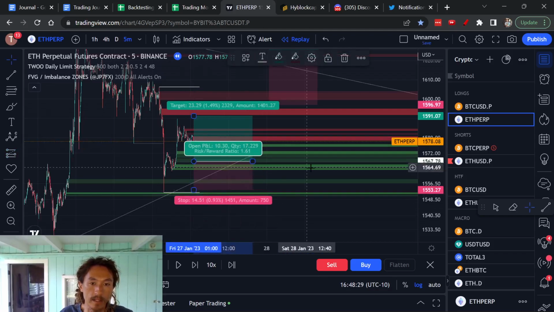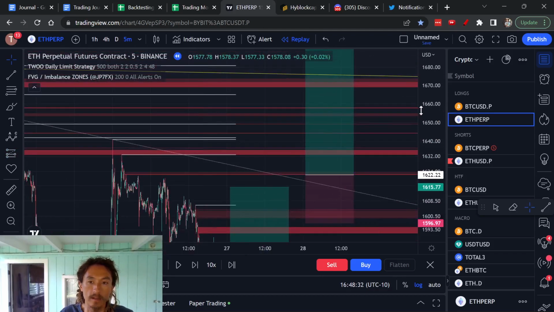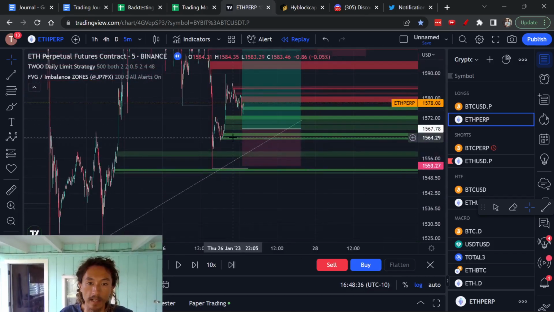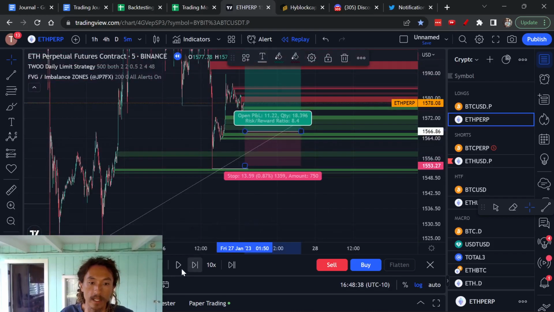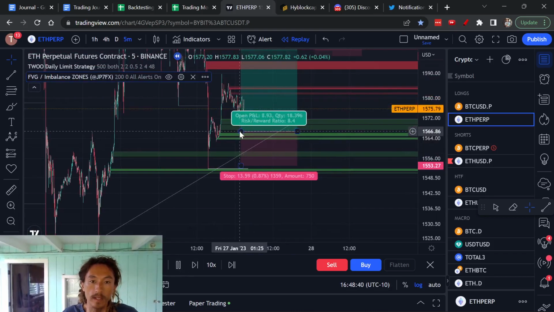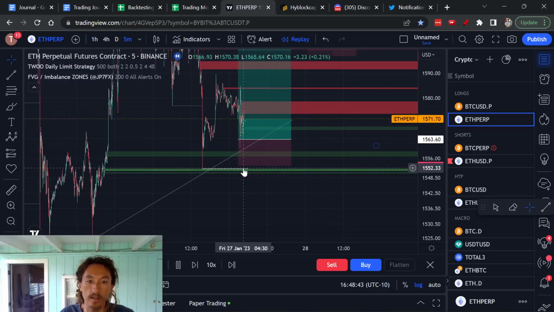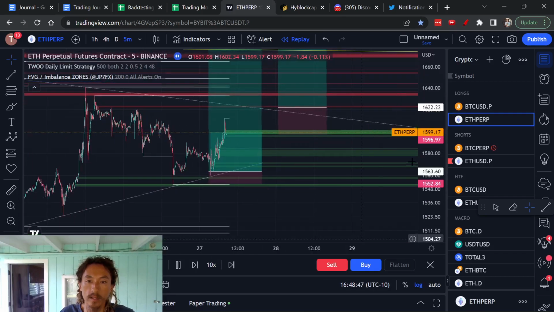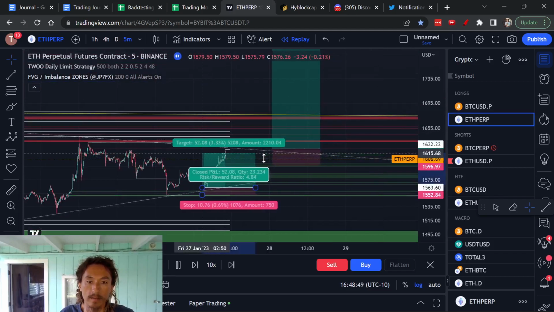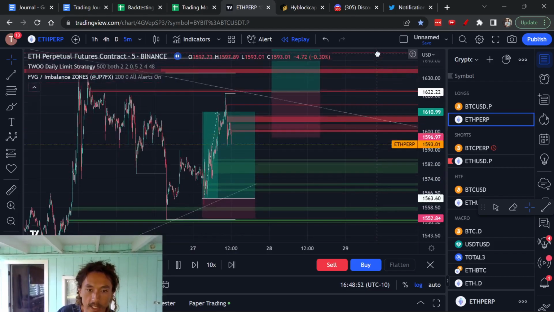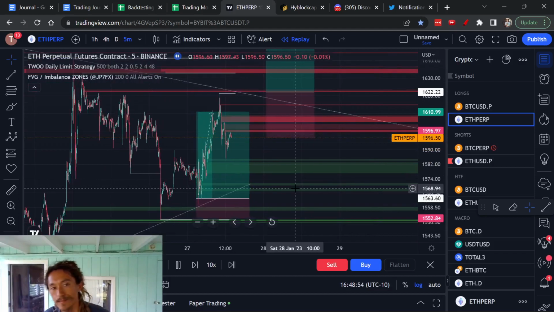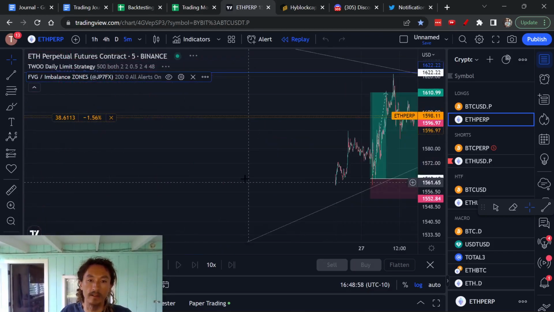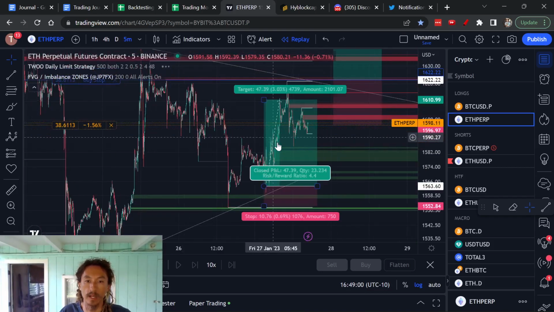It might have looked something like this, where I could have had a much tighter stop loss and had like an 8R to the top of the range, something like this. Or even something like this, and it'd be running considerably in my favor. So I couldn't take this trade because I took the other trade. So it makes me think I shouldn't take the other trades because the inside longs are so much better.